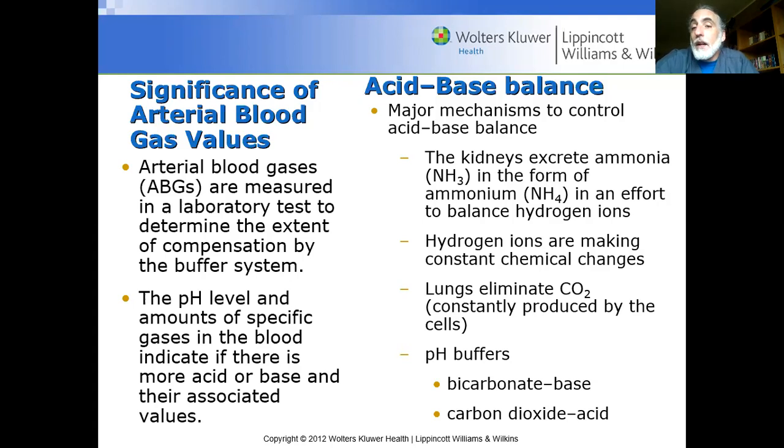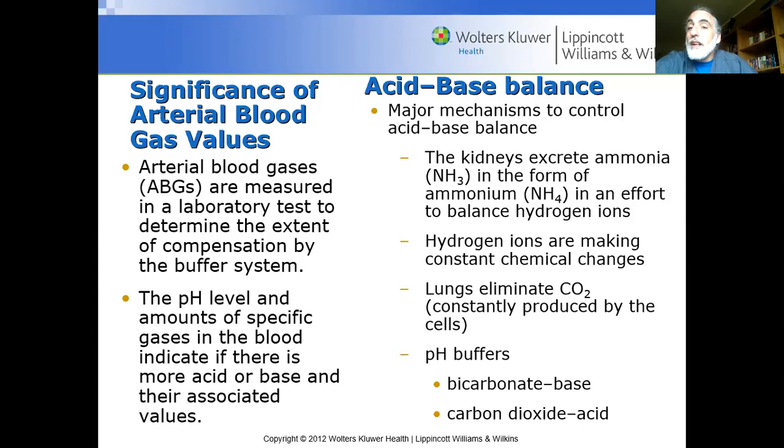And then the lungs, the other organ that helps with acid-base balance, eliminate CO2. Okay, not the first rule, but CO2 equals acid. If your CO2 levels go up, your pH will go down. CO2 dissolved in water becomes carbonic acid. It's right there in the name, right?